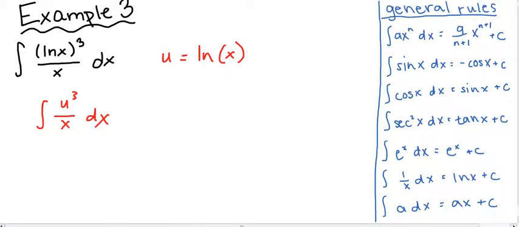Next, we have to make the integral in terms of u. To do this, you have to make dx equal du. So you will need to take the derivative of u. This will get you du equals 1 over x dx.